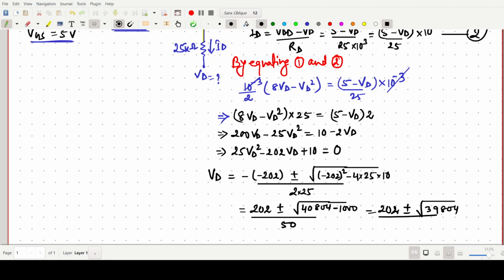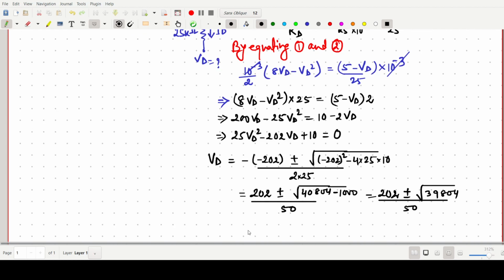You can do it in your calculator, divided by 50. So now next, if we solve, it will come plus or minus the square root of this 39804, which will nearly come 199.50, divided by 50.